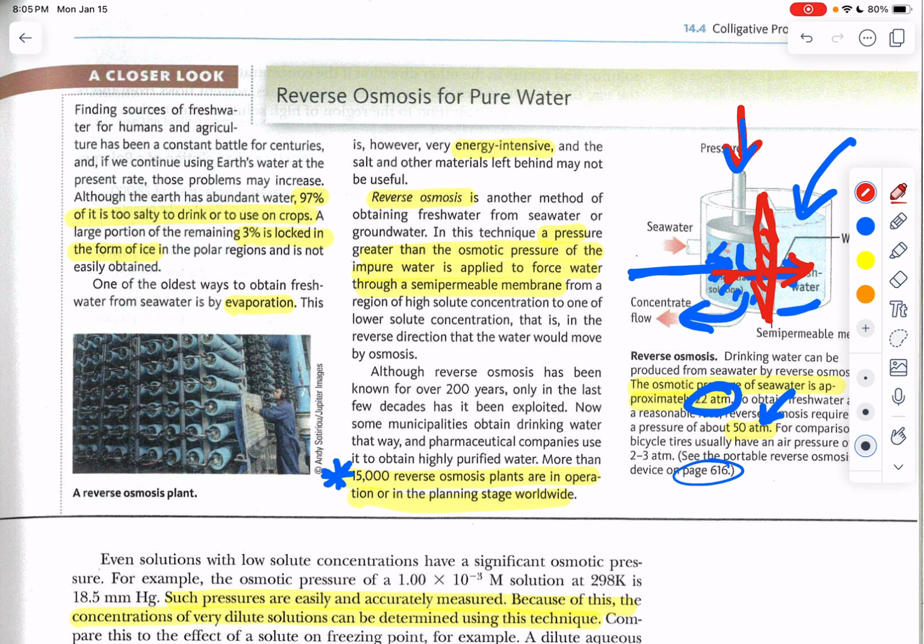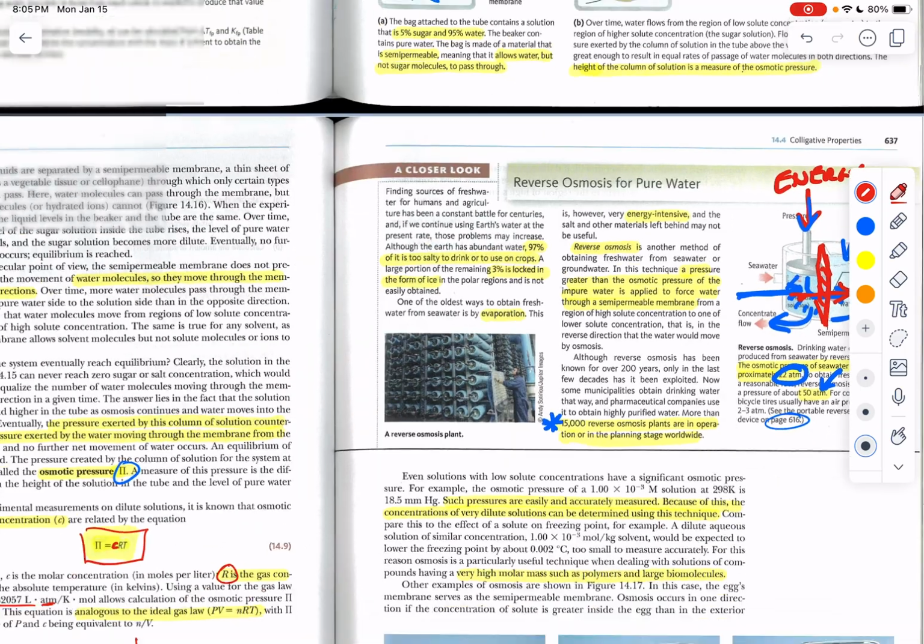So we're always trying to come up with better and better membranes. Notice also that this requires energy to push down on this piston, either by you or by a machine. And of course, that's going to require electrical energy on a commercial scale. It's not naturally occurring or spontaneous, and that's why it requires energy.